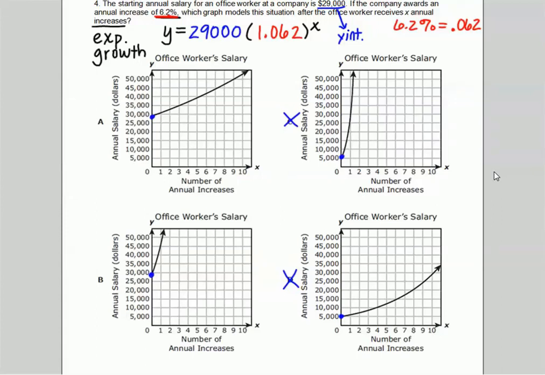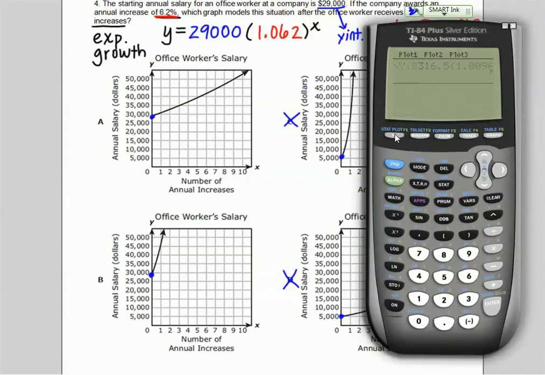So to decide how it increases, we can put our function into y equals, and then look at the table to check a couple of points. Okay, so if I go to 1 annual increase, it should be about 30,000. Let's pick an easier point to check. Notice on the graph, this is a pretty good point to check.